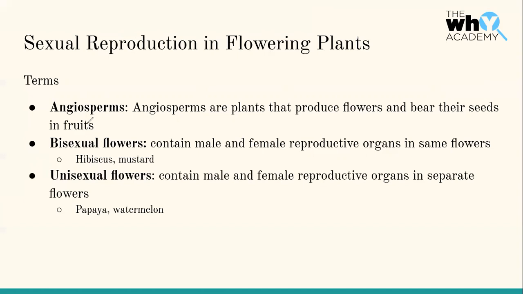And there are some plants which do produce flowers, and they are called angiosperms. If they produce flowers, they would definitely be bearing seeds and fruits. Do angiosperms include the plants which produce fruits but not flowers?